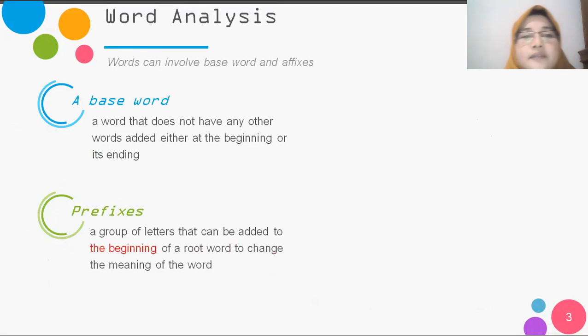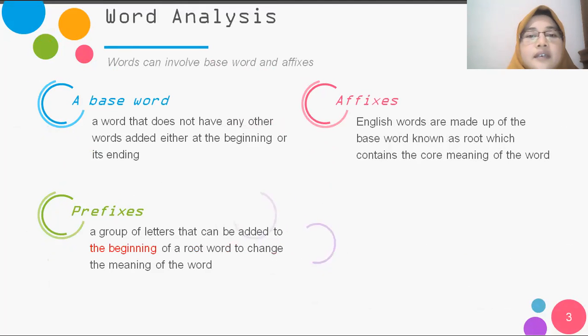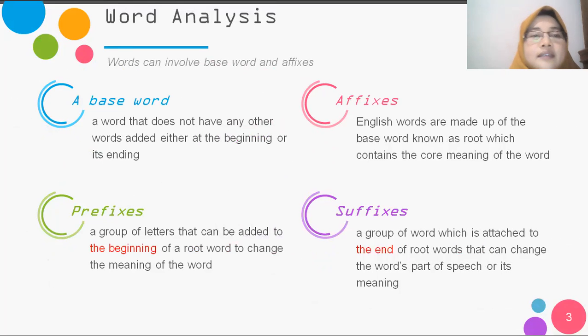And to analyze words, you can see that words can involve a base word and affixes. A base word is a word that does not have any other words added, either at the beginning or its ending.